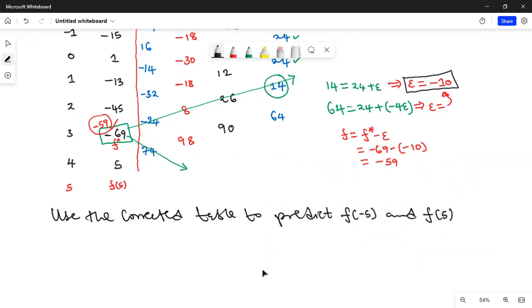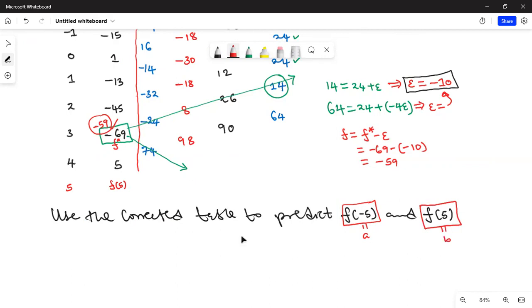So I'm going to say let f of -5 be a. Let this value be a. And let this other one be equal to b.